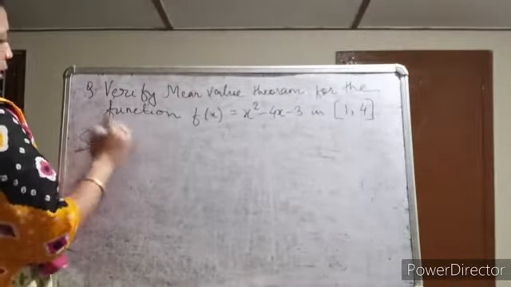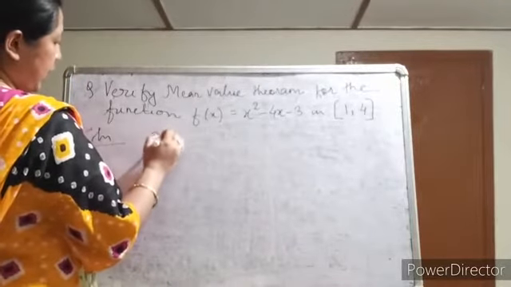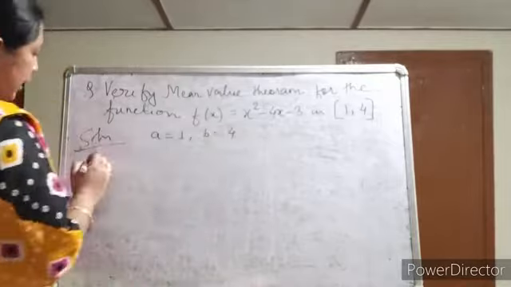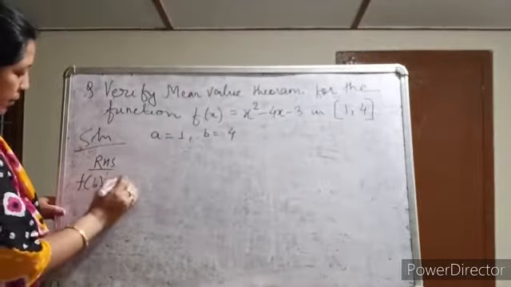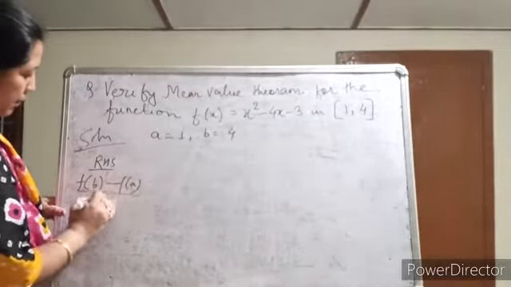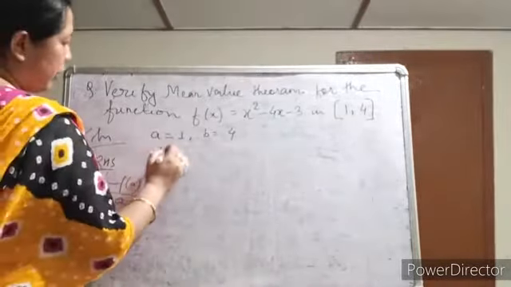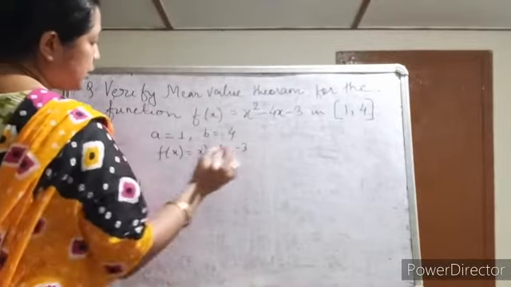So in the same way you have to first write a is equal to 1, b is equal to 4. Okay. So here on the right hand side we are taking f of b minus f of a divided by b minus a. So already understood that our function f of x is x square minus 4x minus 3.